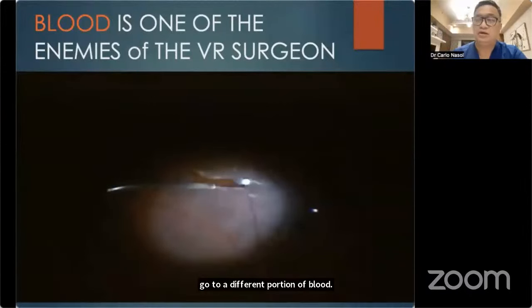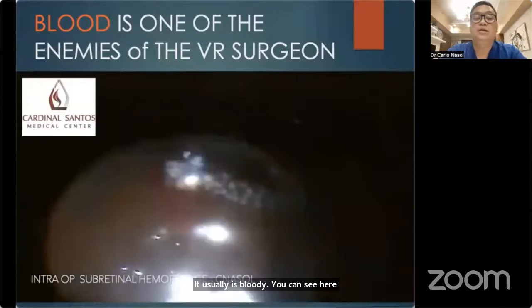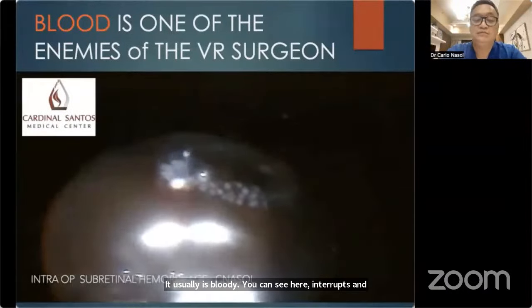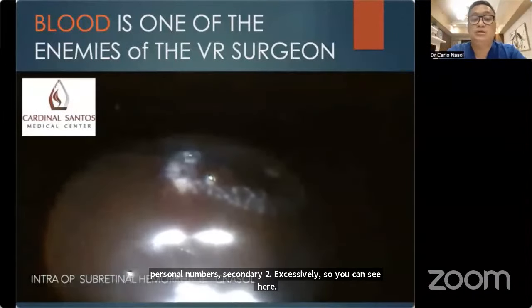There are a few times that when you do very hard lasers over retina and over a vessel, it usually is bloody. As you can see here, intraop subretinal hemorrhage secondary to excessive lasers. You can see here, there's this large subretinal hemorrhage secondary to a laser.